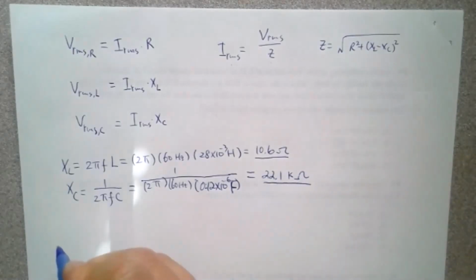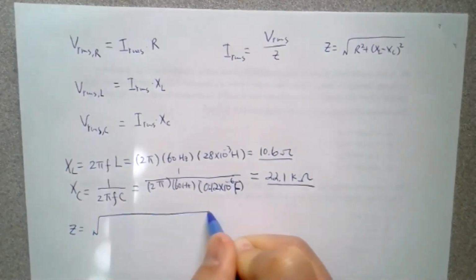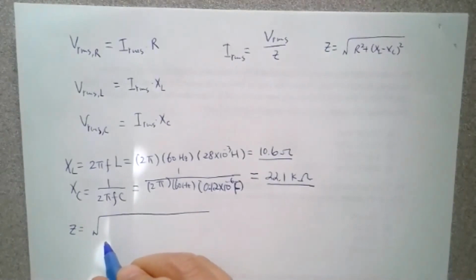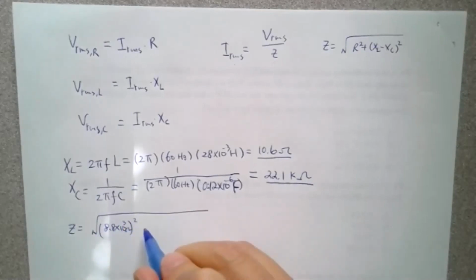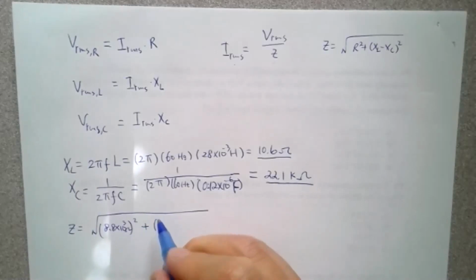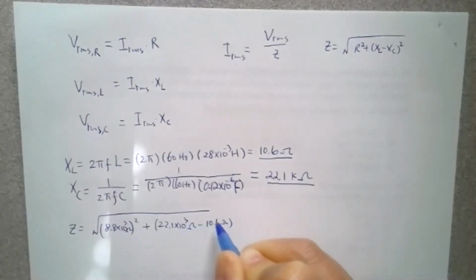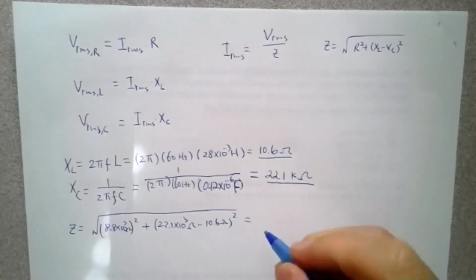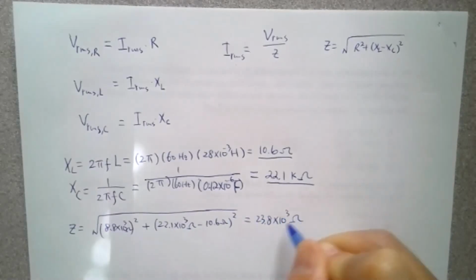After that, you can calculate Z, which is equal to the square root of R, given as 8.8 kilo, so 8.8 times 10 to the third, squared, plus 22.1 times 10 to the third ohms minus 10.6 ohms, squared. This gives you 23.8 times 10 to the third ohms.